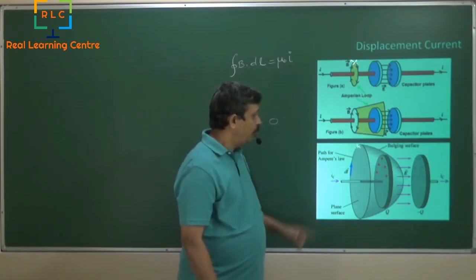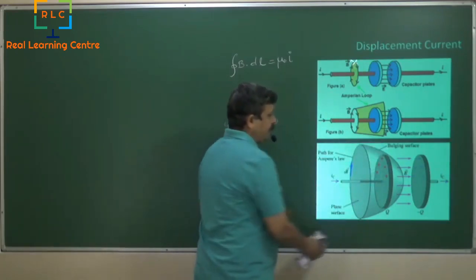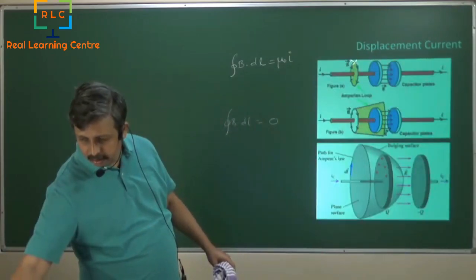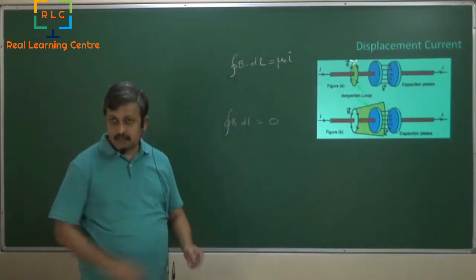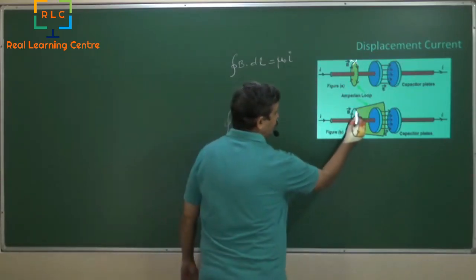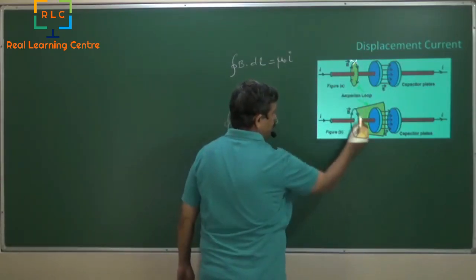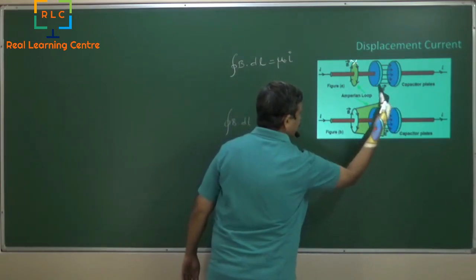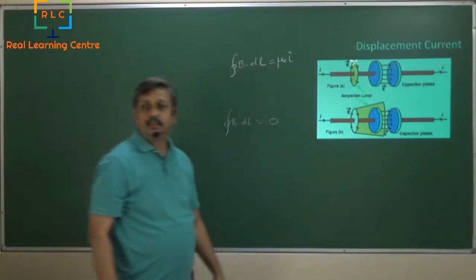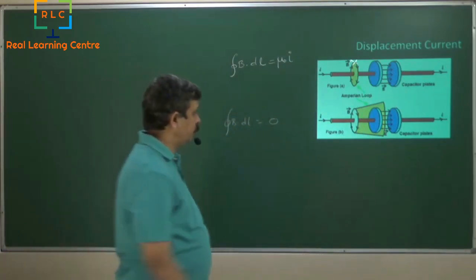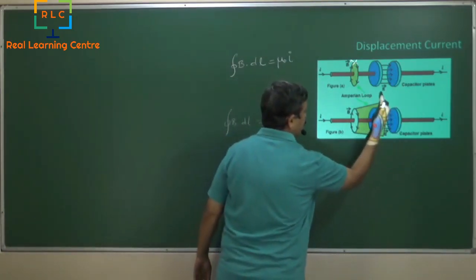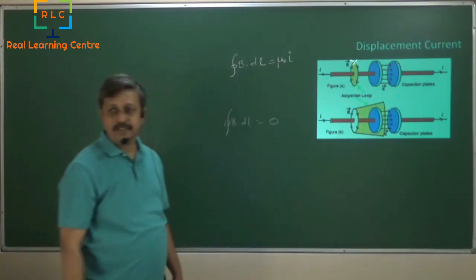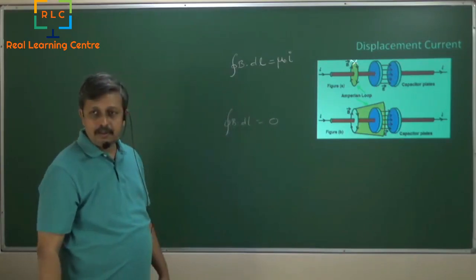So I will take a surface like this, where this path is the same, this side we take here, and this is another disk here. This is a surface with a circular face parallel to these parallel plates.